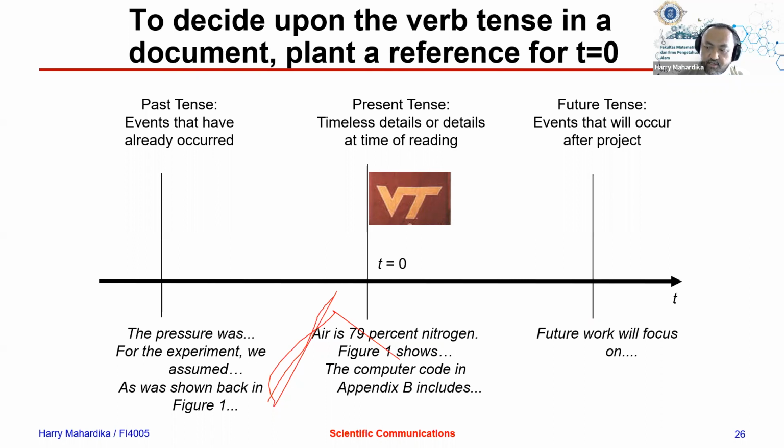"Figure 1 shows," because we display figure 1 with its caption showing that information. "The computer code in appendix B includes," and so on. And then the future tense: "Future work will focus on the detailed analysis of the modification of the code, or the addition of HPC," and so on.